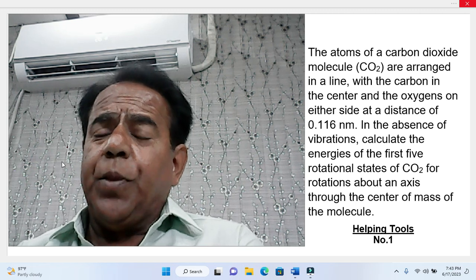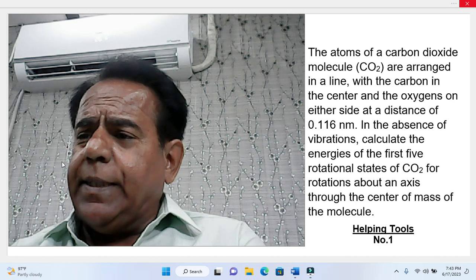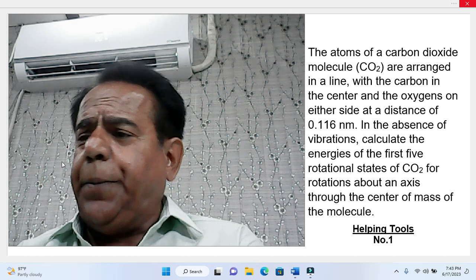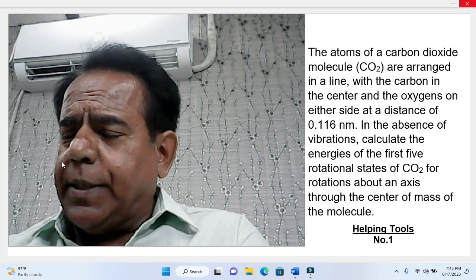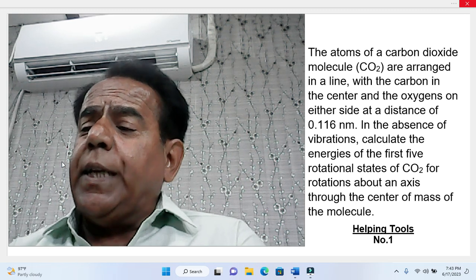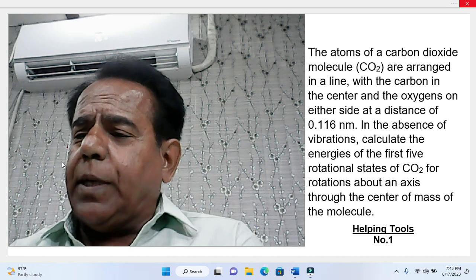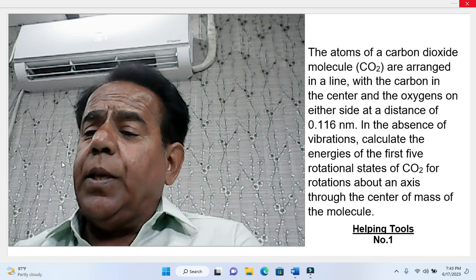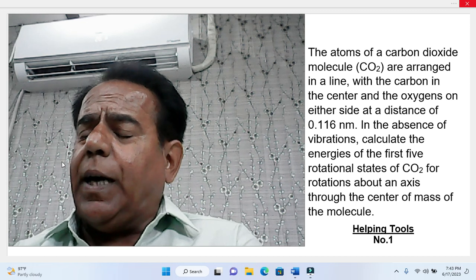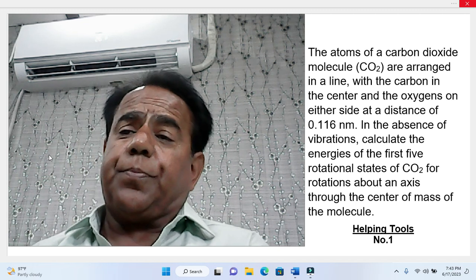Hence only the rotational energy levels are under consideration. In the absence of vibrations, calculate the energies of the first 5 rotational states of carbon dioxide for rotations about an axis through the center of mass of the molecule.